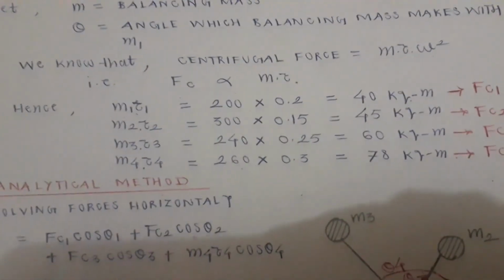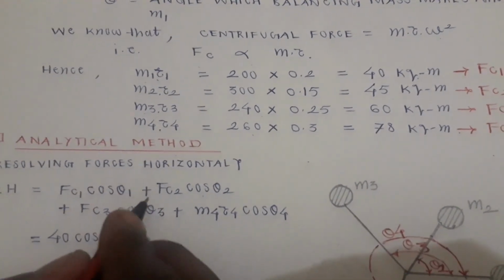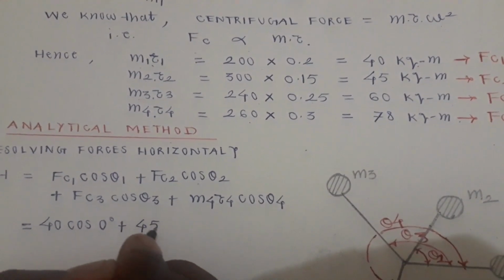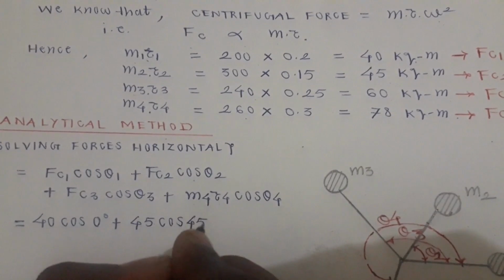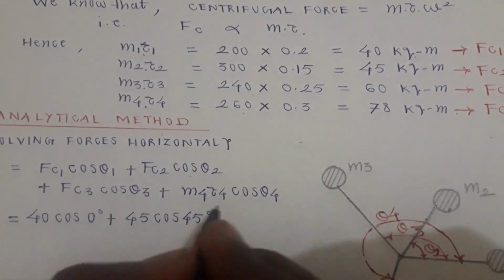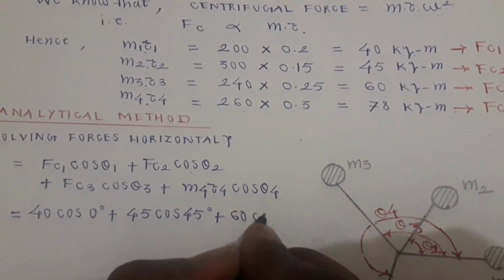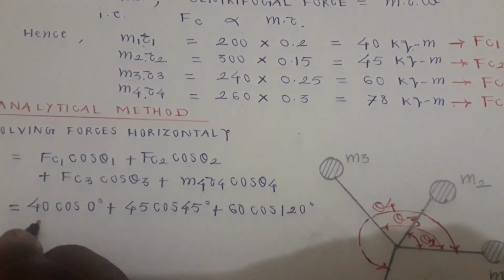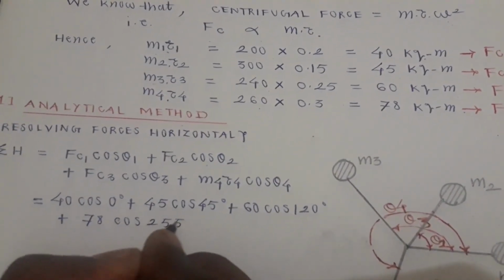So therefore 40 into cos of 0 plus 45 cos of 45 plus 60 cos of 120 degree and plus 78 into cos of 255 degree.